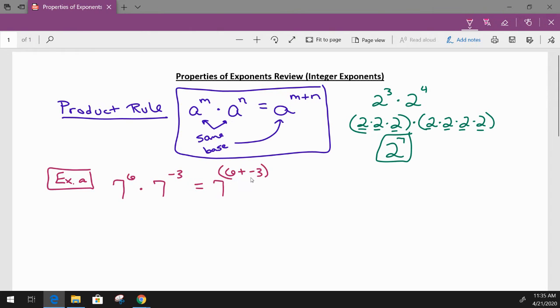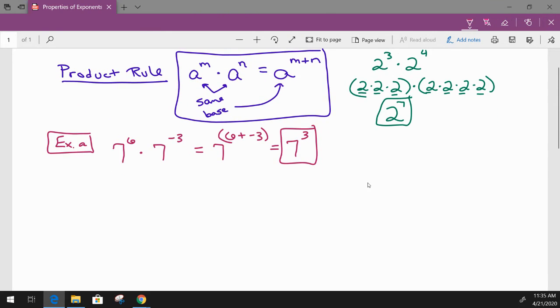So if you're adding 6 and negative 3, you get 7 to the third power. All right, so in this lesson for right now, we have not been exposed to the negative exponent rule. So I'm not going to apply that negative exponent rule yet. I will in a little bit.